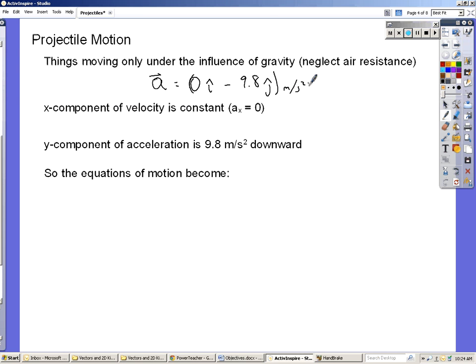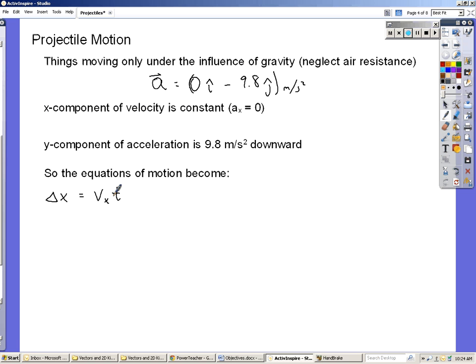And that means that the x component of the velocity is constant, and the y component is just like free fall. The result is that the equation of motion for the x is delta x equals vx times t, where t is the amount of time since the launch.